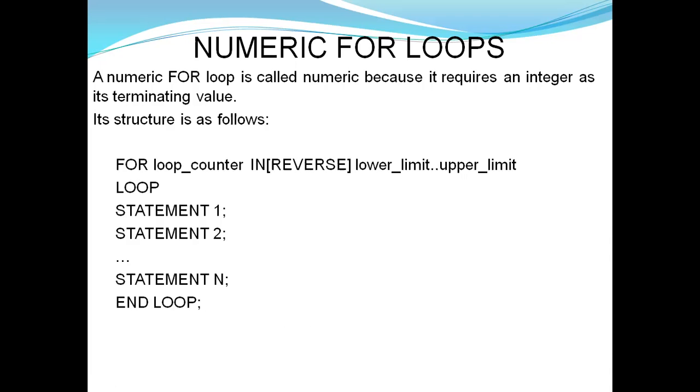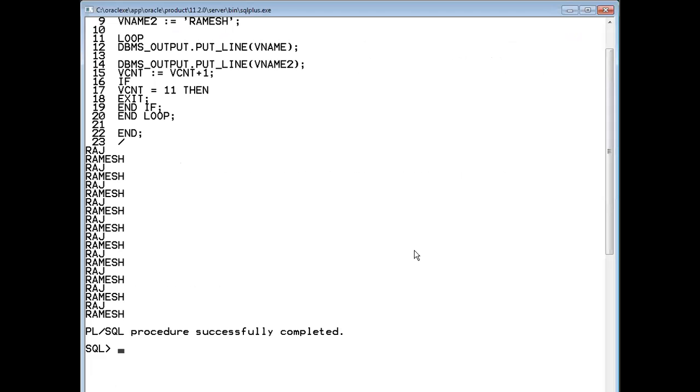Okay, let's write a simple code so you'll understand this. For loop counter in lower limit dot dot upper limit. Let me go here. I'll just clear the screen.